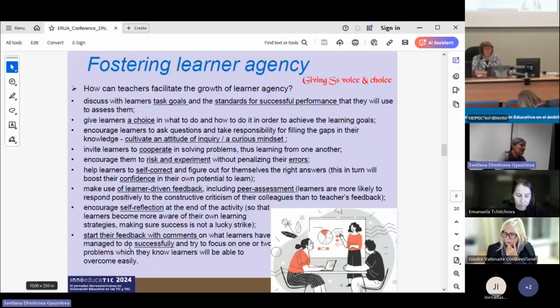You will also encourage other students to observe and reflect on their peers' performance, to peer assess their presentations, because learners are more likely to respond positively to the criticism of their classmates than to our criticism. And of course, learner-driven feedback sessions should always start on a positive note, with what learners have managed to achieve, and then focus on some errors which they would be able to overcome on their own.